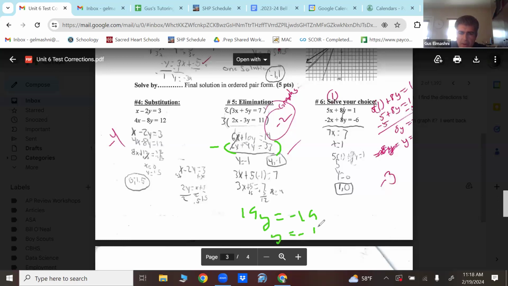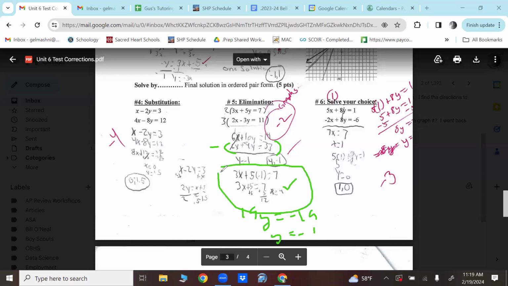So you didn't quite show your work correctly. Then you plug in negative 1. You did get that, so that's good. That was good work solving for x. Even though you got y right, you didn't quite show it correctly, but it's okay. It looks like he gave you full credit for that.